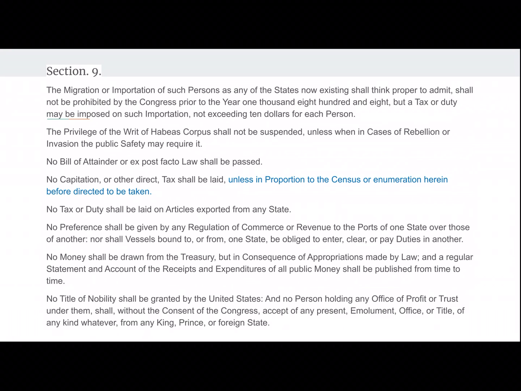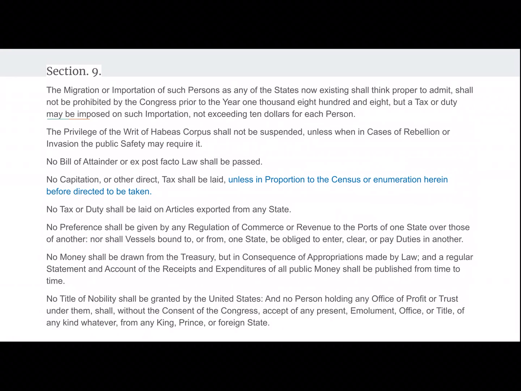No money shall be drawn from the treasury but in consequence of appropriations made by law, and a regular statement and account of the receipts and expenditures of all public money shall be published from time to time. No title of nobility shall be granted by the United States, and no person holding any office of profit or trust under them shall, without the consent of Congress, accept any present, emolument, office, or title of any kind whatsoever from any king, prince, or foreign state.